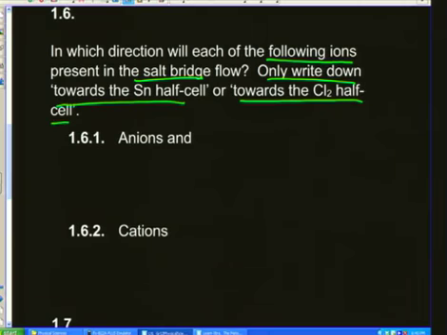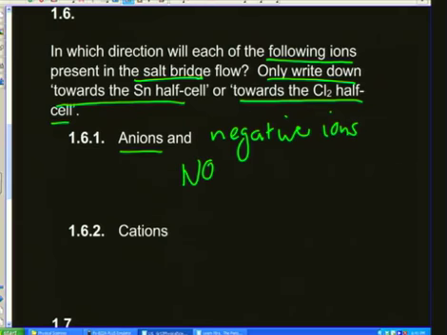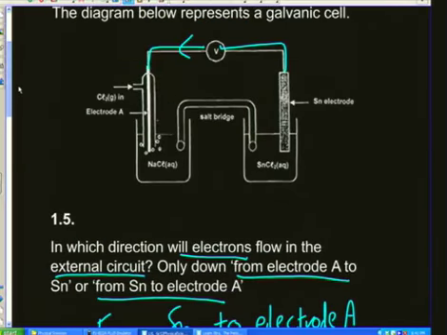So now, what are anions? Anions are negatively charged ions. What are the negative ions that we've got in the solution? Well, remember in the salt bridge, we would have the nitrate ions and we would have chloride ions. Those are the negative ones. So over here, look what's happening. Let's just write this out so we've got it.